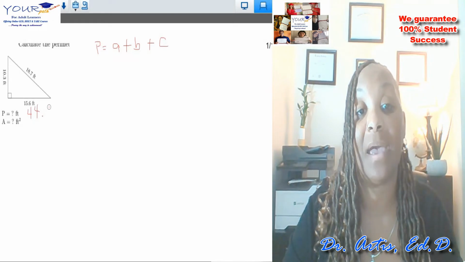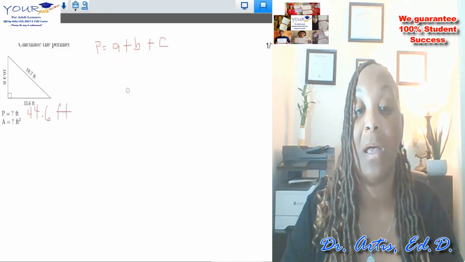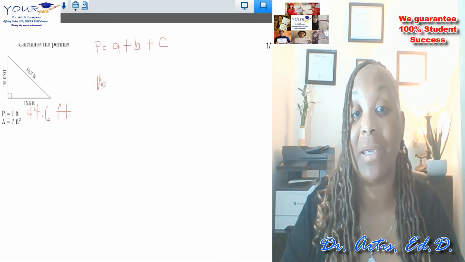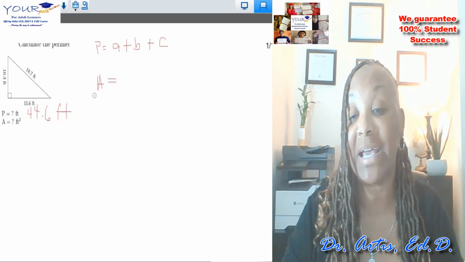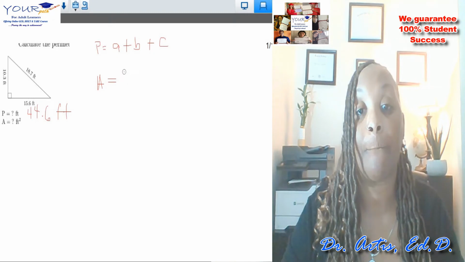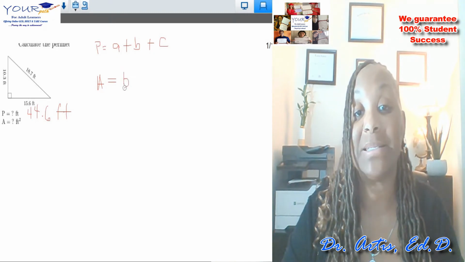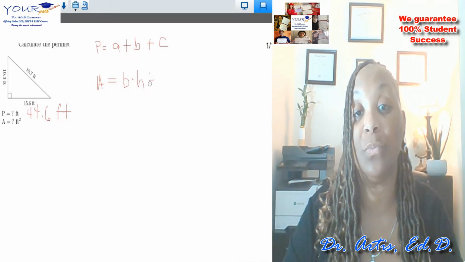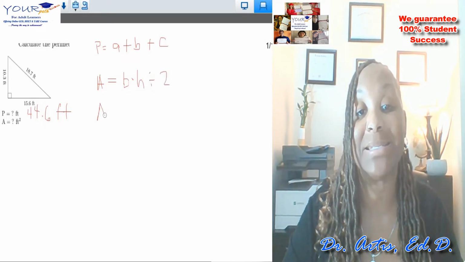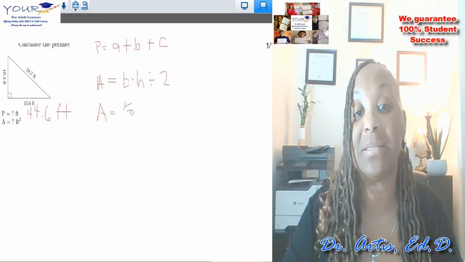Now, to find the area, the formula for area is A equals, A stands for area, the base times the height divided by 2, or you may also see it written as A equals half the base times height.